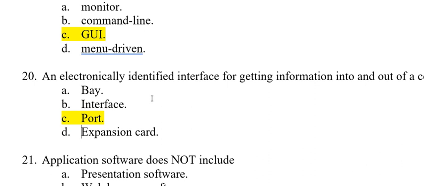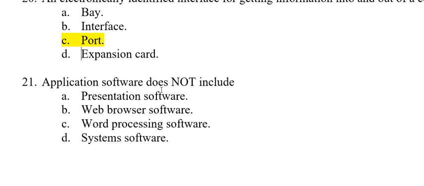Okay. Now 21. An application software does not include, okay, does not include, number 21. Okay, application software, for example, presentation software. PowerPoint is a presentation application.